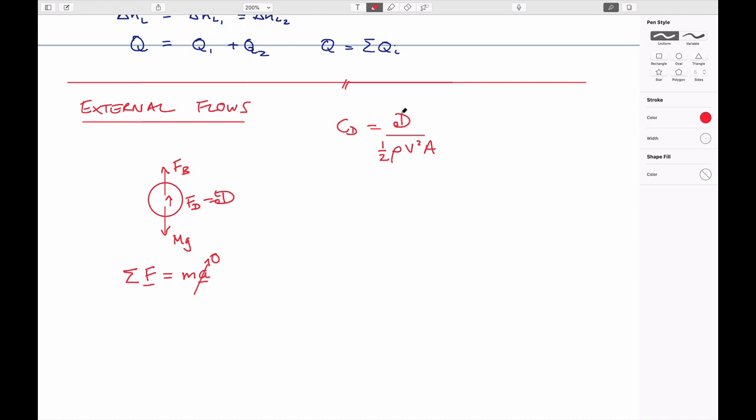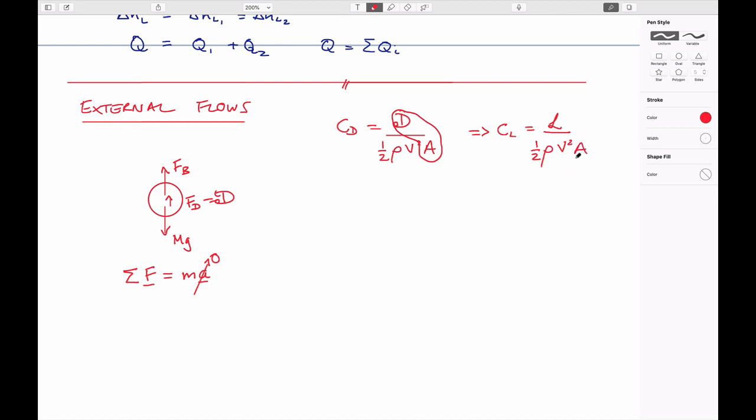You recall that if we lump these two terms together, this becomes a pressure, which we can think of as being an Euler number, and the coefficient of lift is equal to some lift force divided again by half density of the fluid that's flowing around it times the velocity squared times the area.